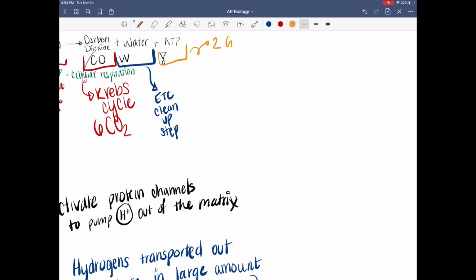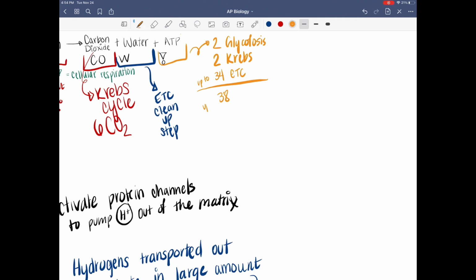ATP, let's summarize. We created a net gain of 2 from glycolysis. We made 2 in Krebs, and we're going to make up to 34 in the ETC, the electron transport chain, giving us a total of up to 38 ATP. Now, there are different ways that this is looked at.